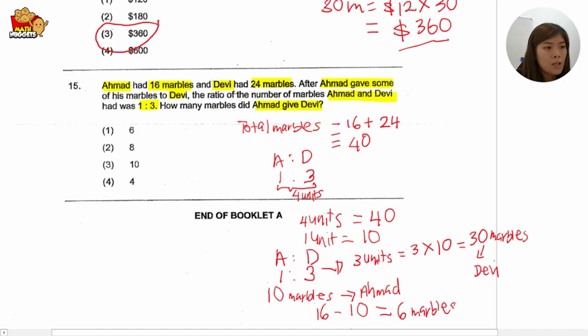So Ahmad actually gave 6 marbles to Devi. So 6 would be option number 1. Yes, that's the final answer.